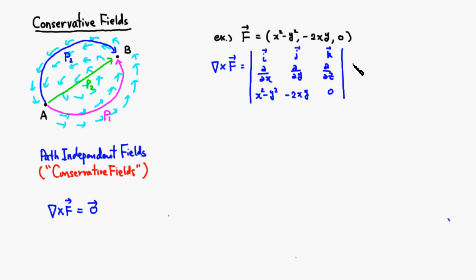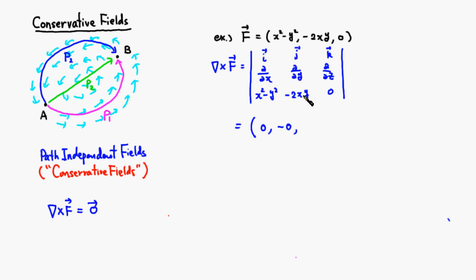Right? So this comes out to be, all right, partial of 0 is 0, partial of negative 2xy with respect to z is 0, minus, then partial of 0 is 0, partial, there's no z, so it's going to be 0 again, right?